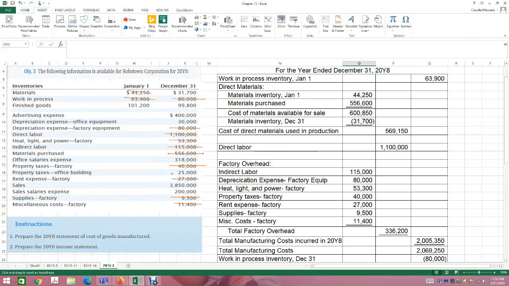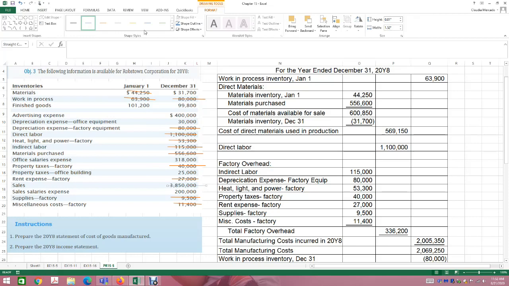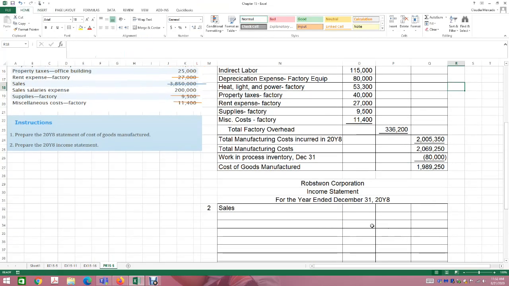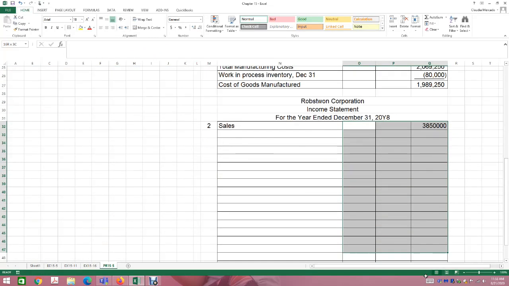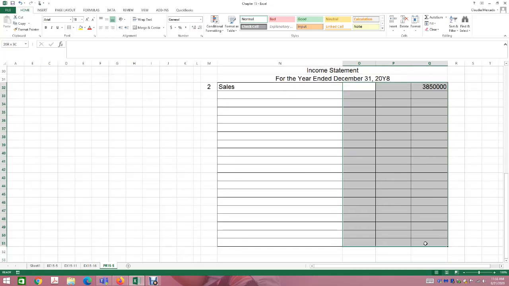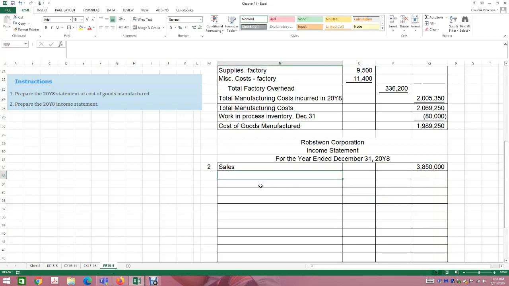Let me mark that off. Sales, 3,850,000. Let me put commas here. So we have sales of 3,850,000. Now we need to deduct our cost of goods sold.